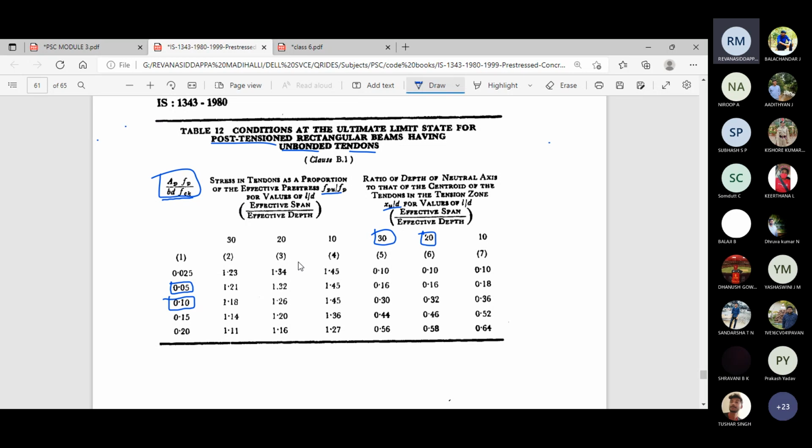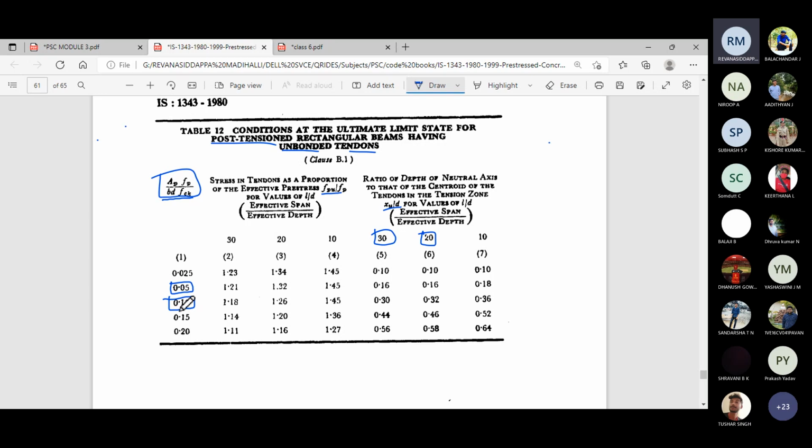Which means you have to obtain the XU by D corresponding to 22.22 when AP by BD FCK is 0.05. Then obtain the value of XU by D corresponding to 22.22 when it is 0.1.